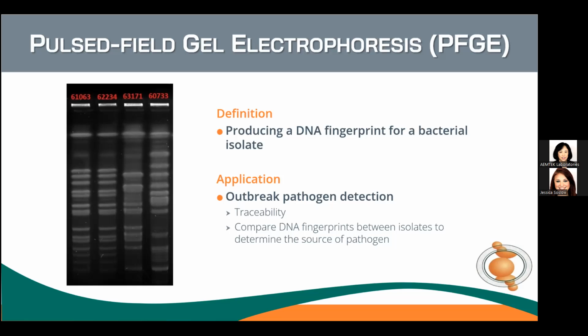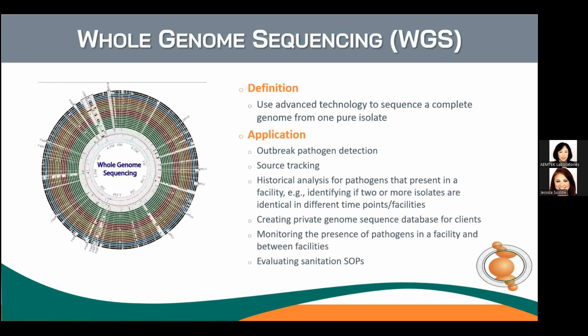For the last 20, 30 years, it was used by government and companies to do source tracking. Recently, whole genome sequencing has been used to sequence a complete genome from one pure isolate and compare it with another isolate. Its applications include outbreak investigation, pathogen detection, source tracking, and also historical analysis for pathogens present in the facility.